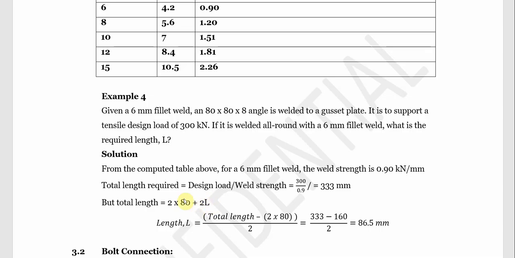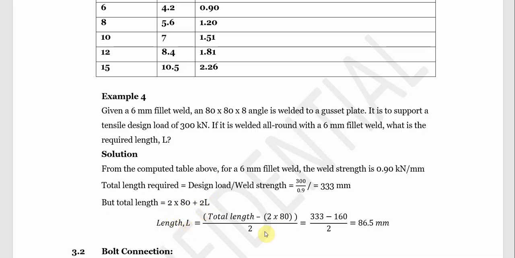So easily we can say the total length minus this, all over 2, will give us L. If we make L the subject of the formula, we get L equals total length minus 2 times 80, because we take this to the other side and it becomes negative. Because we have total length minus 2 times 80, which equals 2L, to get L we have to divide both sides by 2.